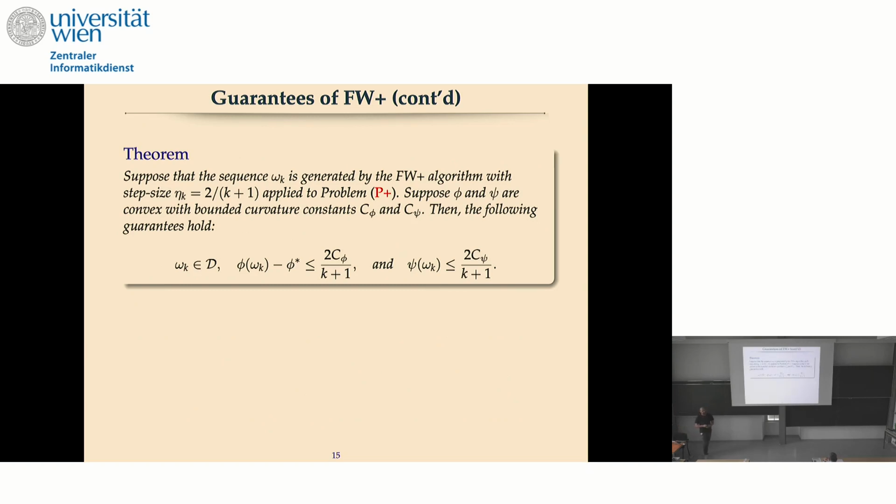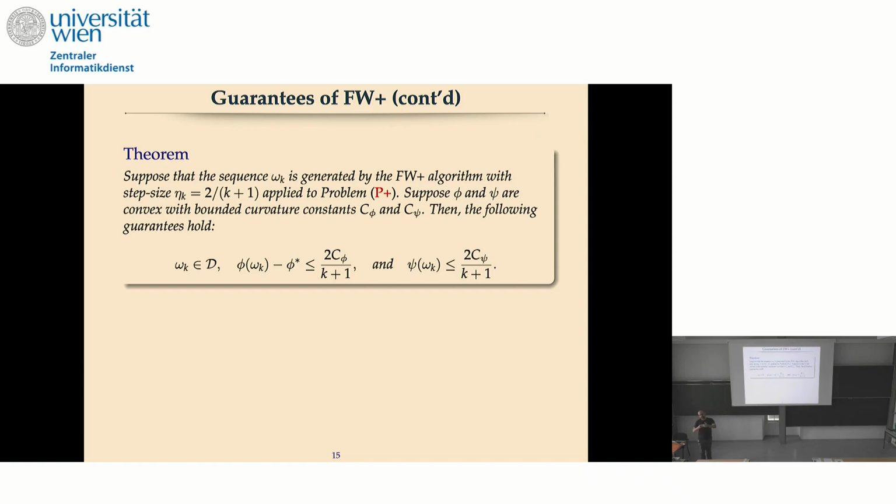And similar results can be shown if we actually have convex functions. In this case, we used eta k equal to 2 over k plus 1 step size, because the line search becomes a little bit complicated about which functions, either in the objective or the constraints, should be used in the line search. And in this case, we can come up with guarantees similar to primal dual methods.